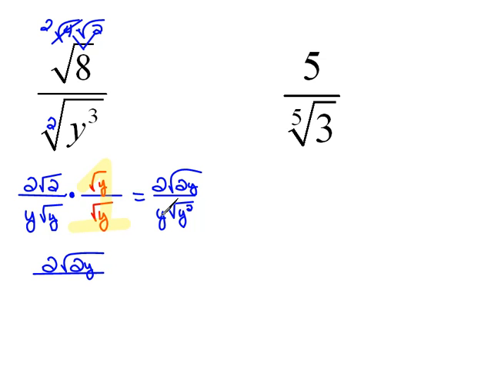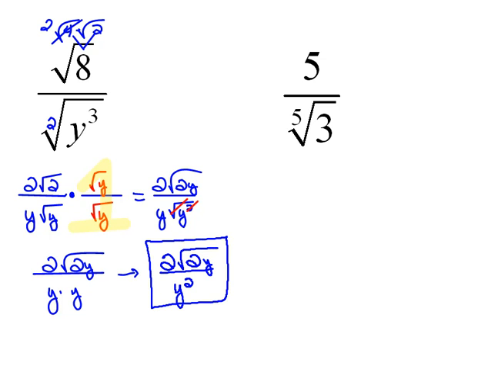But on bottom we have y times, and here the square root and the square undo each other, which is what they should, to give us just a y. So now, perfectly simplified, this would be 2 square roots of 2y over y squared. That is the best way to write that answer.